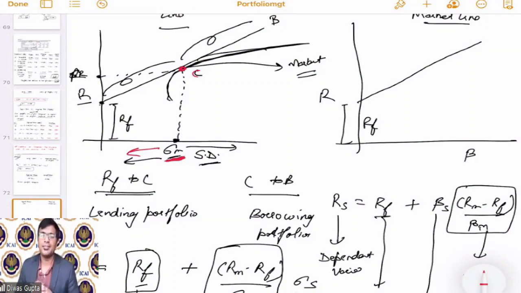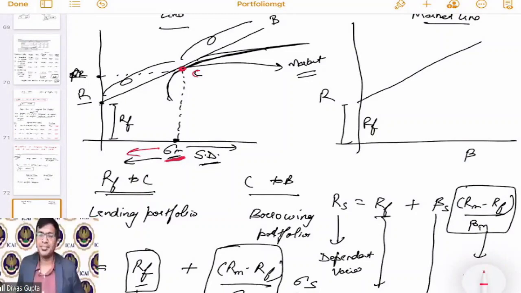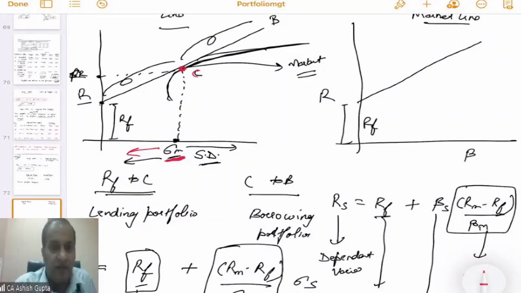Thank you so much, Devas. Am I audible? Yes, sir, you're audible. Thanks a lot, Devas, because in the conclusion you have beautifully linked all three concepts, that is the Sharpe ratio, the Treynor ratio, and how it is derived. A question is commonly asked: what is the difference between the capital market line and the security market line?